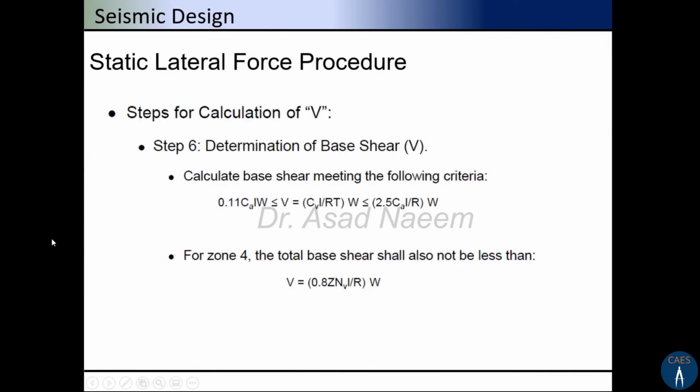And finally, we are at the point where we have to calculate the amount of base shear which will be applied on the structure. These are the equations, and this is the total base shear to calculate for zone 4, and these are the equations to calculate the base shear at other seismic levels, and these are the limits, which have also been discussed before.